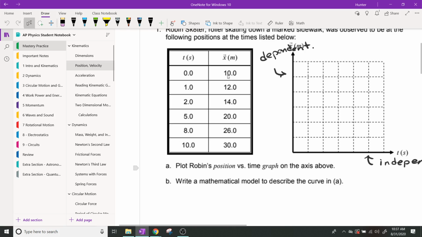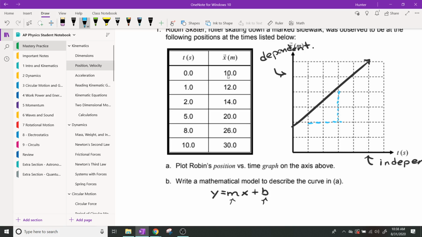Whenever we're writing a mathematical model, did this one make a straight line? Okay, if it made a straight line, then the mathematical model is y equals mx plus b. So that means you need to find out what the slope is, and you need to find out what the y-intercept is. Let's say, I'm just making this up, let's say that it did this. Then your slope is going to be your rise over your run.